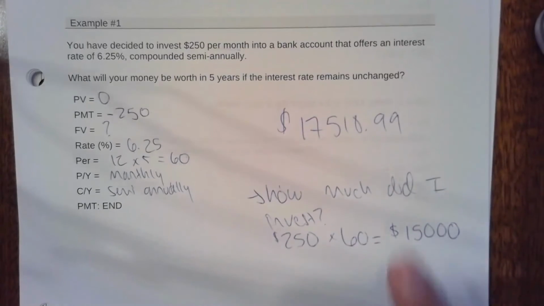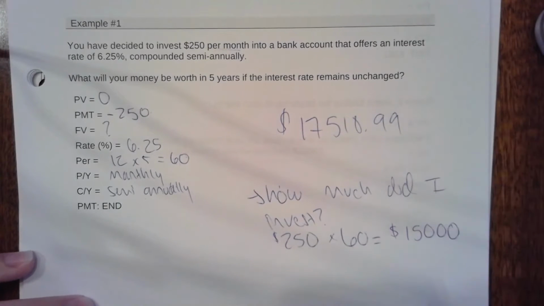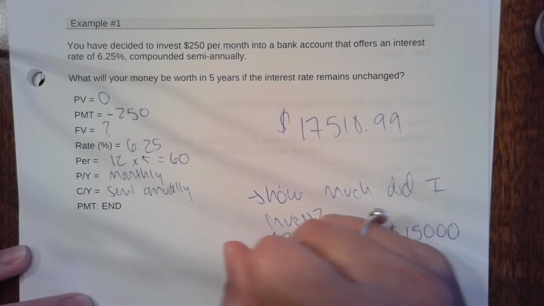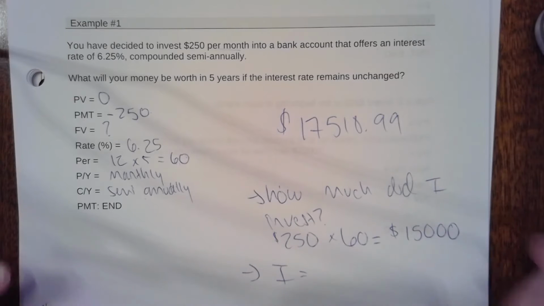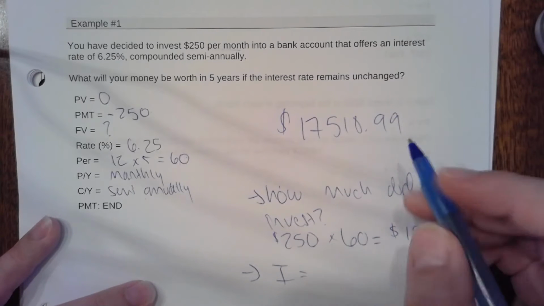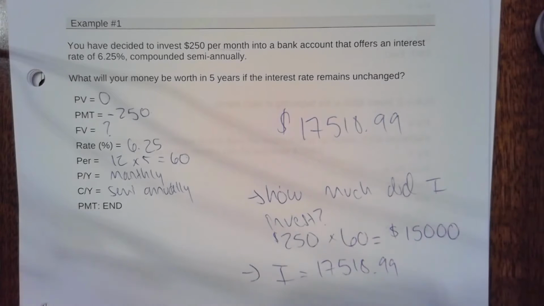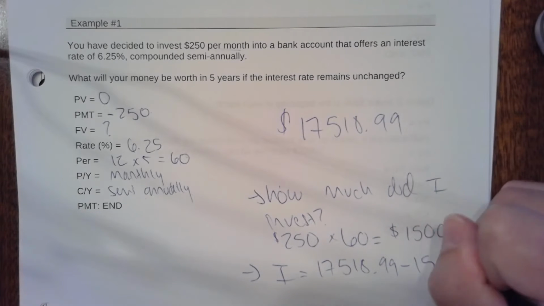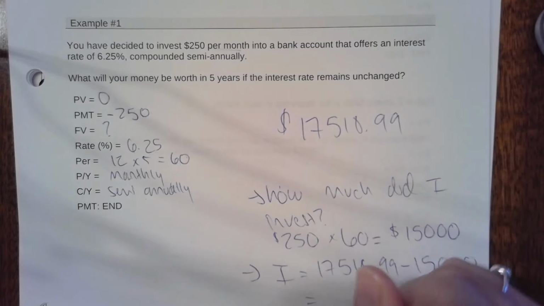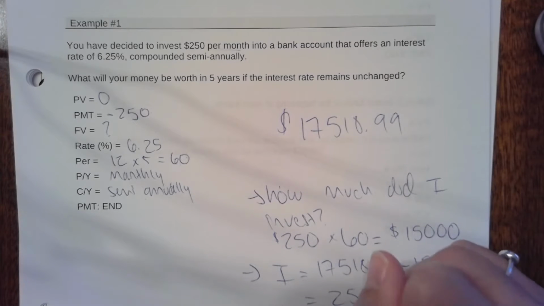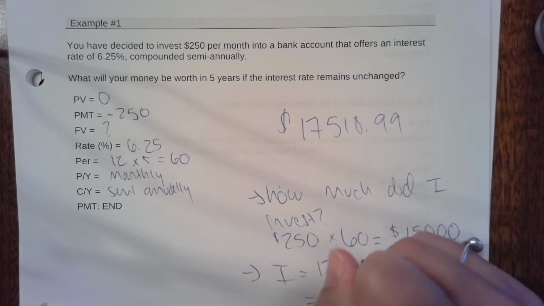And I got $17,000 out of it. So interest equals how much I got out, over $17,000, and subtract what I put in, $2,518.99.